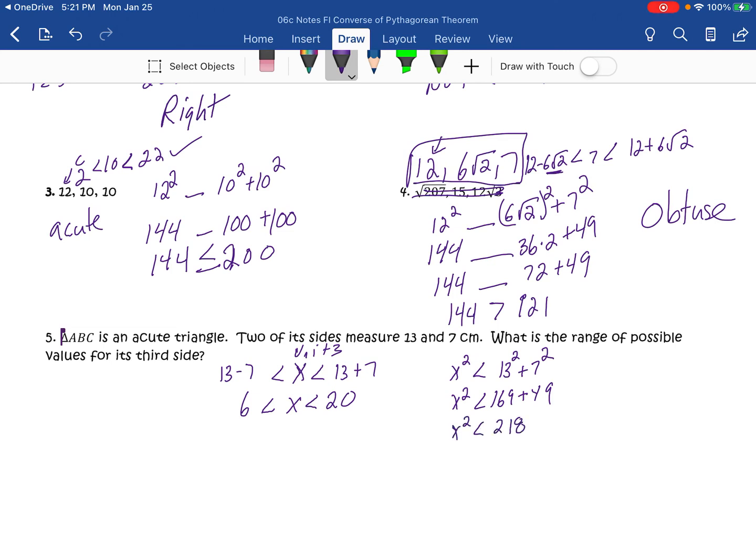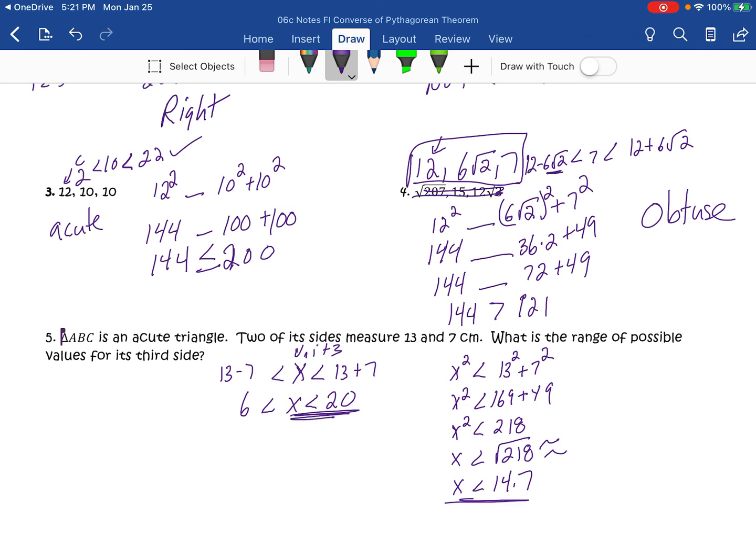So x squared has to be less than 218. So my other side has to be less than the square root of 218, which, and we're going to use an approximation just to kind of give you an idea, is approximately 14.7. So x has to be less than 14.7.